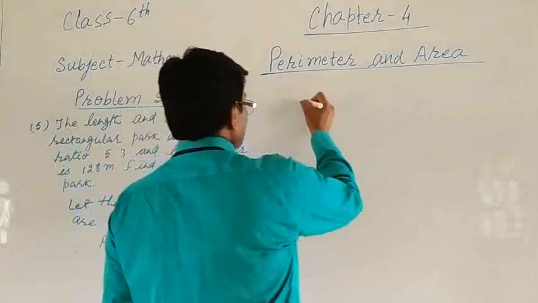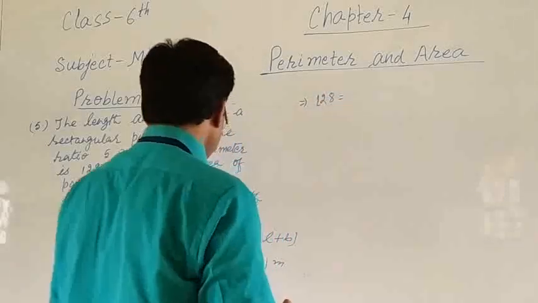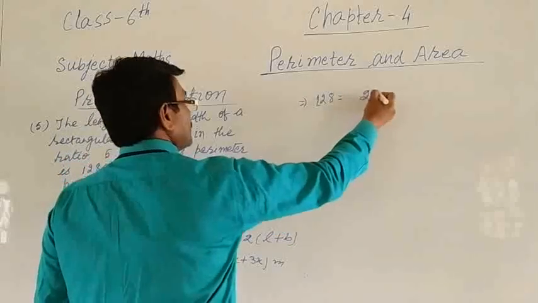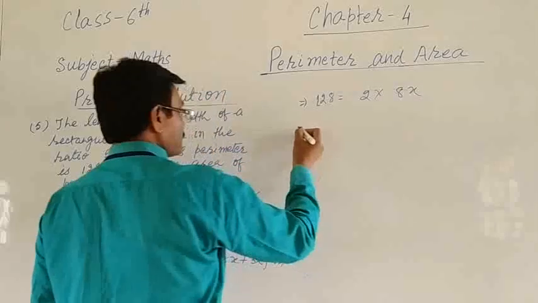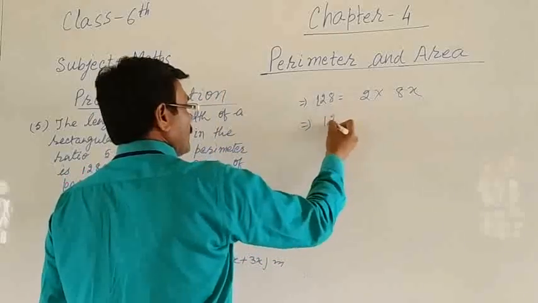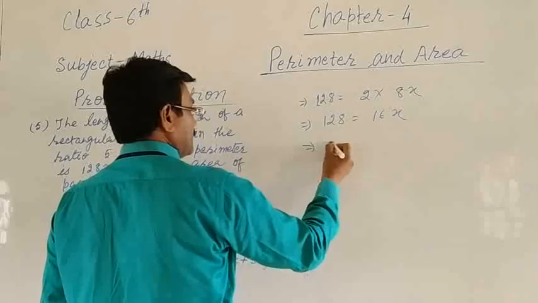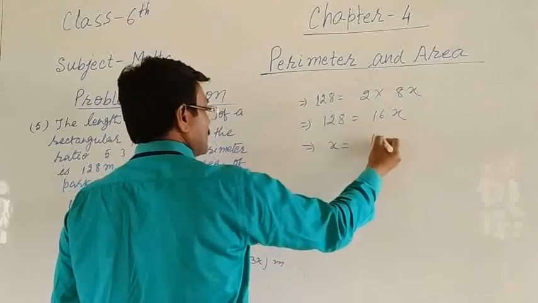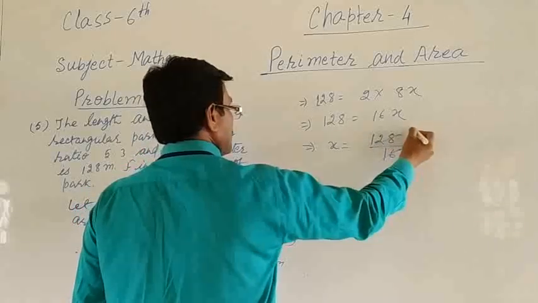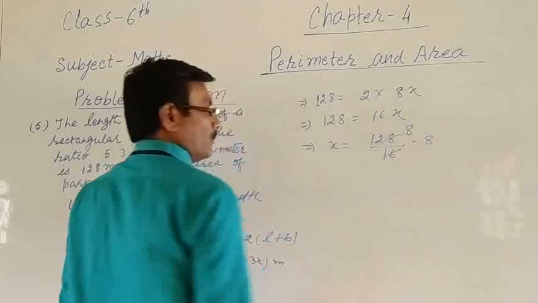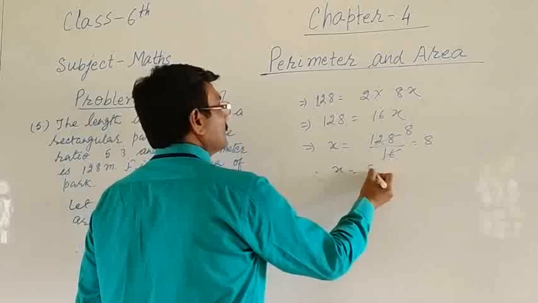Now we write here 128 is equal to 2 into 8x. So 128 is equal to 16x. Then we find x. X is equal to 128 over 16. So 16 8s are 128. So x is equal to 8.